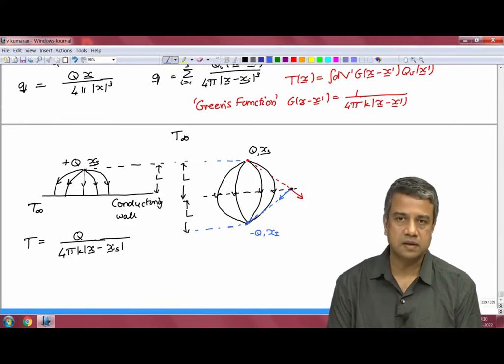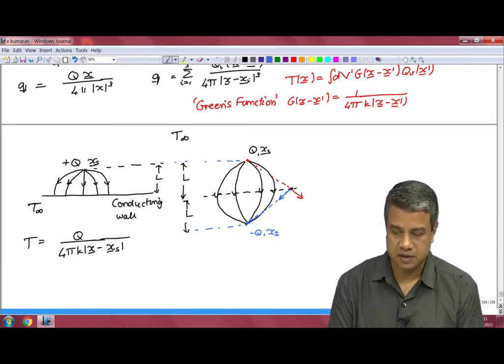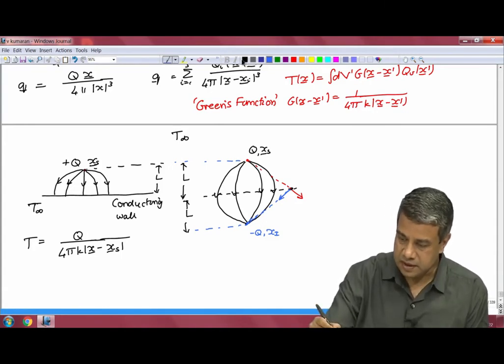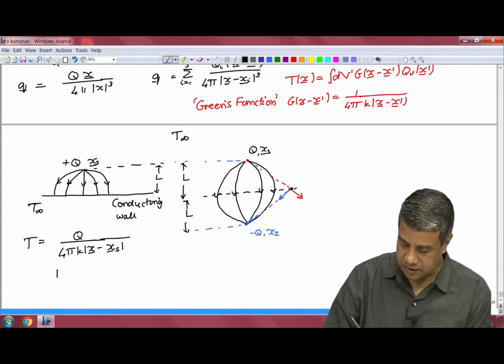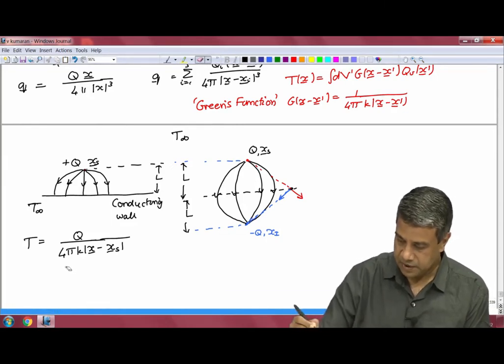And if there is no horizontal component to the flux, then the temperature does not vary in the horizontal direction, and this satisfies the constant temperature condition at the surface. So, I can satisfy the boundary conditions by putting another sink at a location xi.